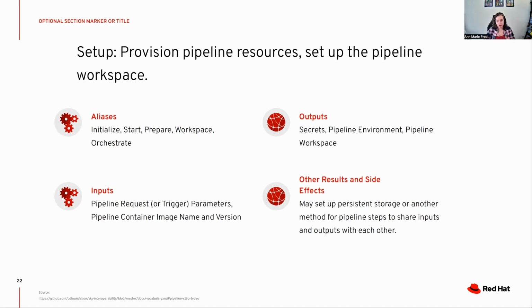As inputs, you might have your triggers or your parameters, and maybe you're specifying the pipeline container image name and version, or what version of software of your programming language you intend to use, right? Interesting side effects, it might be setting up some persistent storage or another method for the pipeline steps to share inputs and outputs with each other.